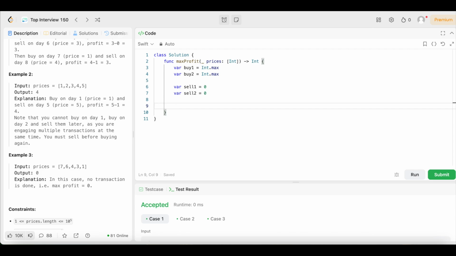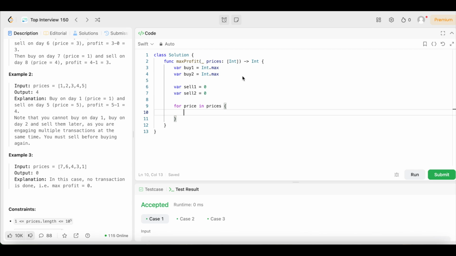Now we need to iterate through each price in the stock prices array. So in order to do that, we could just start our for loop. We could say for price in prices. Boom, open up the brackets, and let's get started. Now, first thing we need to do is find the minimum price to buy in the first transaction.